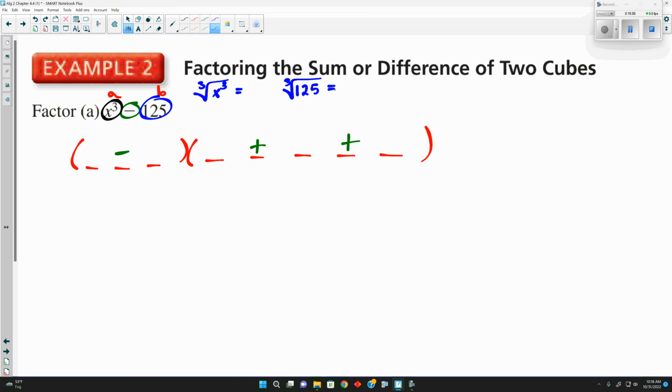But the cube root of x to the third we know is x, because when the root and the power are the same, they simplify out. So a in our case is going to be x. Now we can take the cube root of 125 in the calculator and it'll tell us that it is 5. So our b term is 5. Questions on this so far?